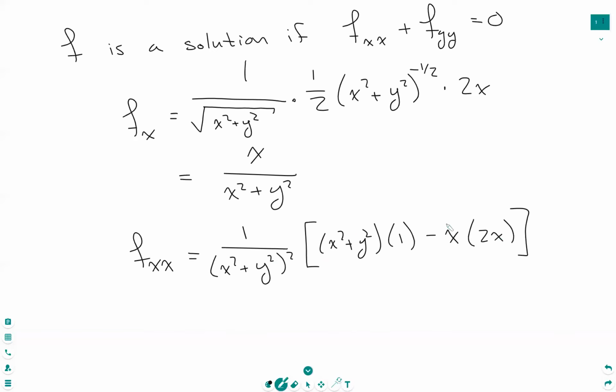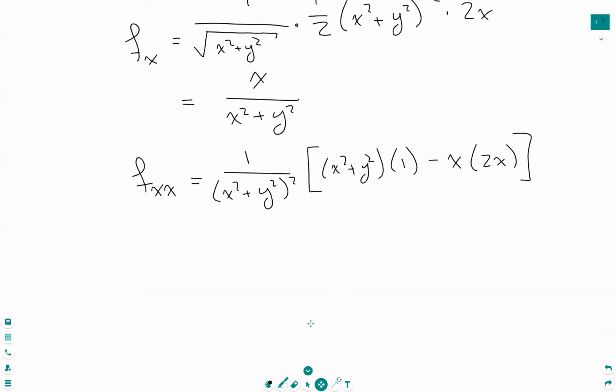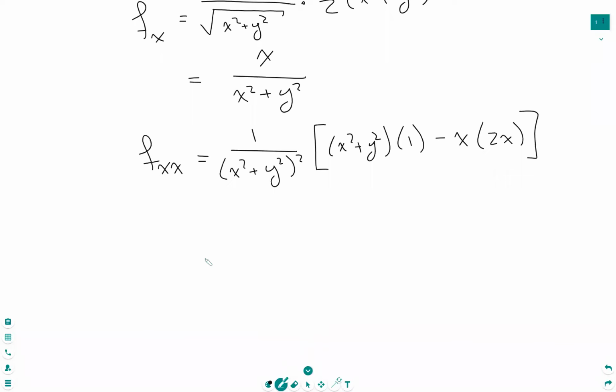So low d high minus high d low. I can simplify this a little bit, and I get y squared minus x squared all over x squared plus y squared, squared.